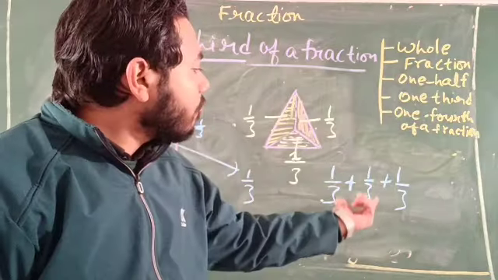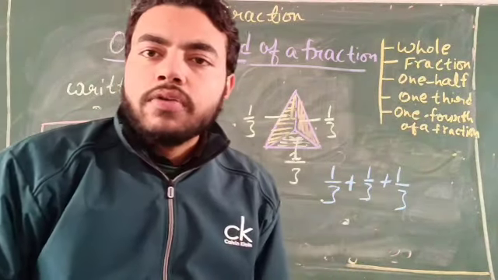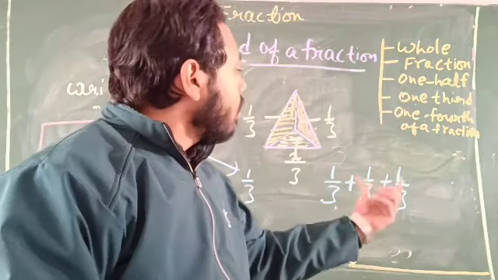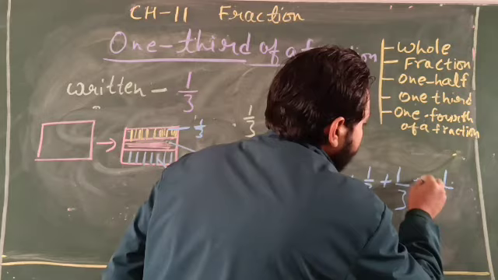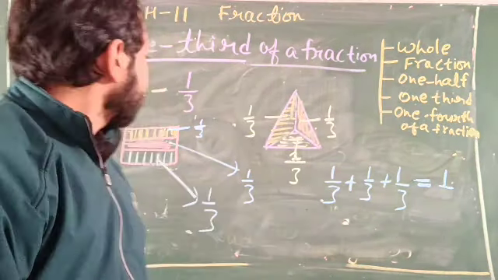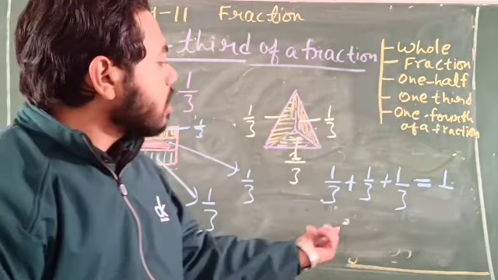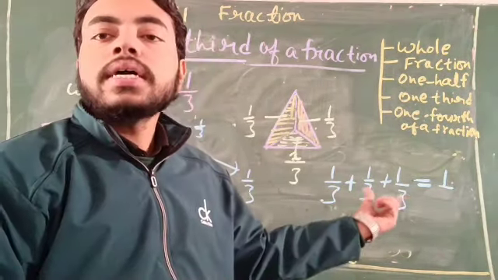What do we get if we add 1 third 3 times? We get 1. How? We will discuss how we get 1 when we add 1 third 3 times.